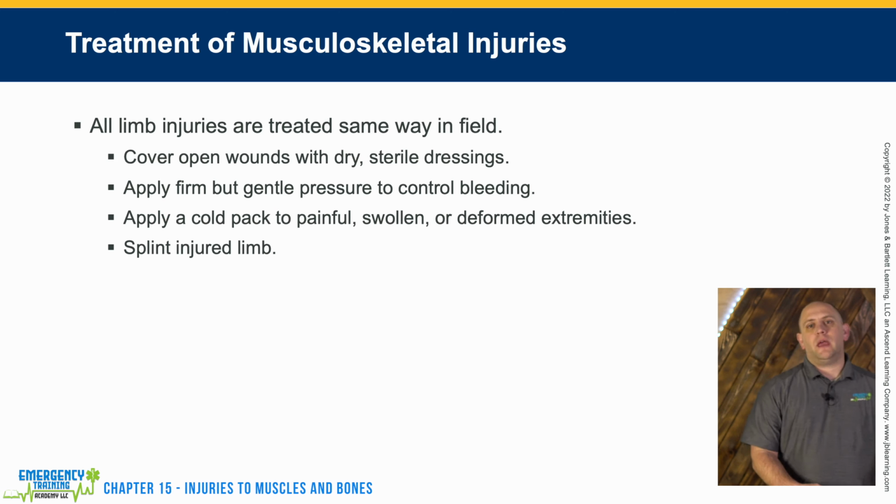If they are having any pain, we can also use ice packs. And then we always want to splint the injured limb, making sure that there's not excessive movement as we're preparing them for transport to a medical facility.